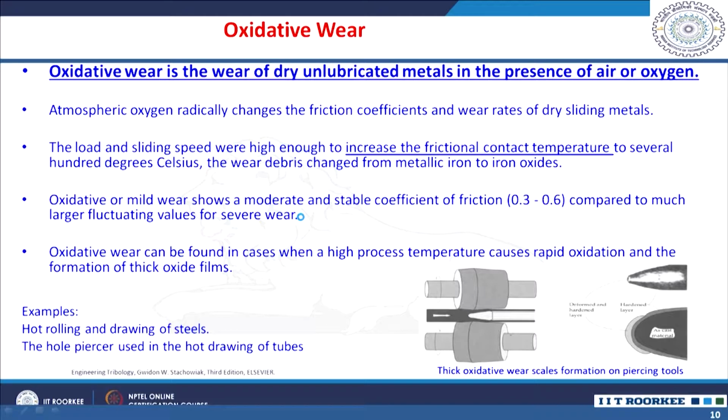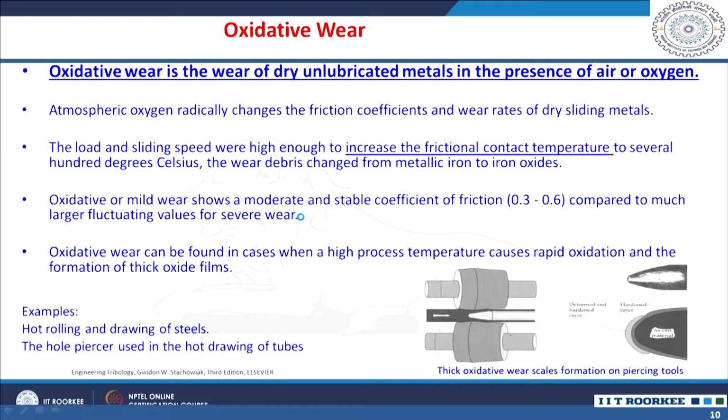Regarding oxidative wear, it is the wear of dry unlubricated materials in the presence of air or oxygen. So, atmospheric oxygen radically changes the friction and wear rates of the dry sliding materials.